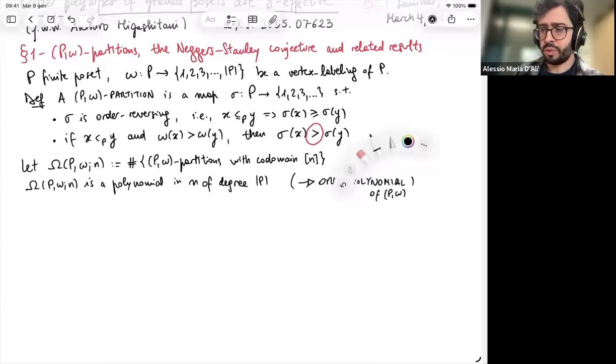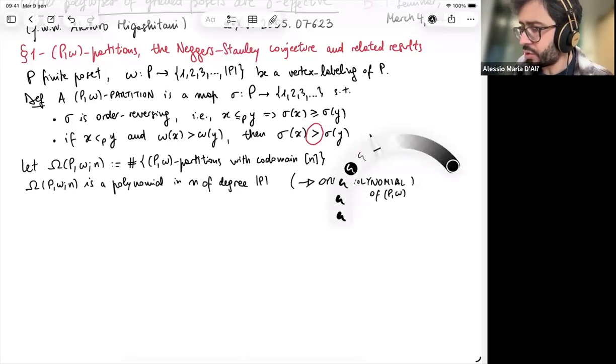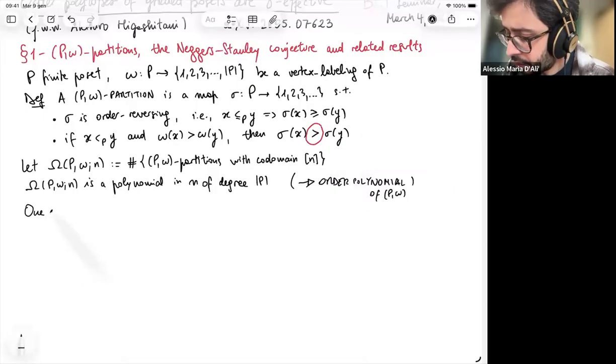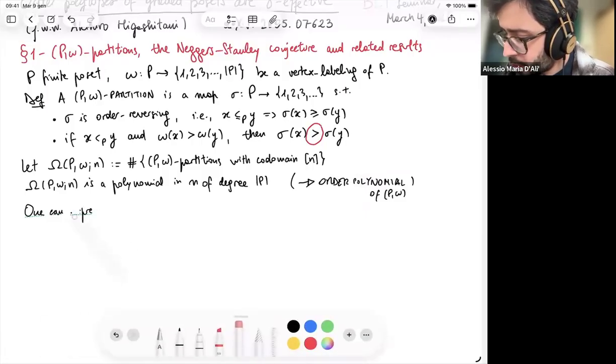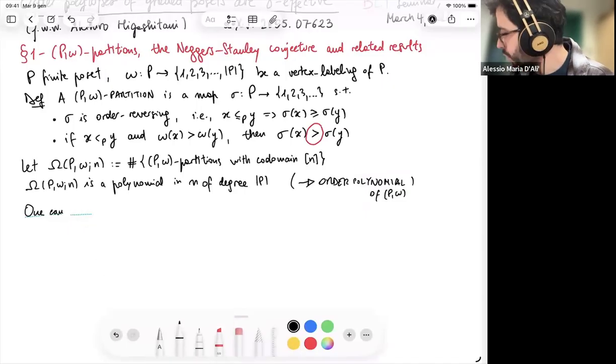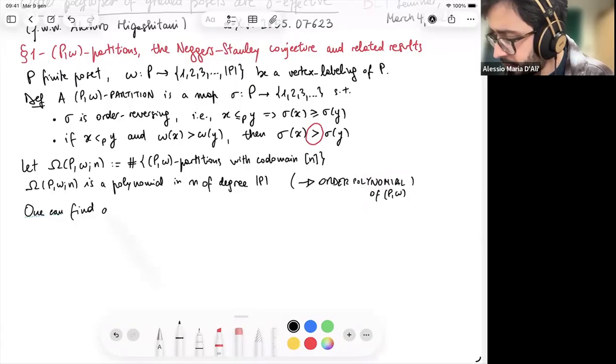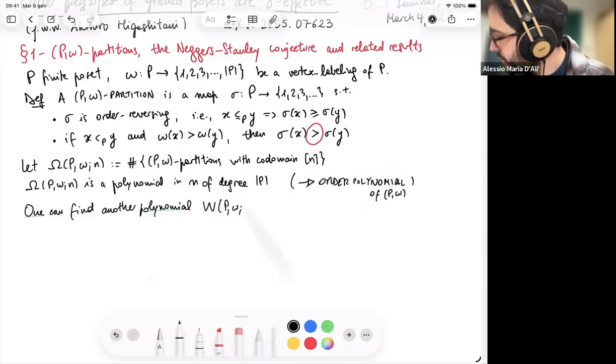So for those of you who are not familiar with this notation, what I mean is just that one can find another polynomial that I'm going to call W, because that's the name that it has in this particular theory. And I'm going to call it W of P, omega, t.